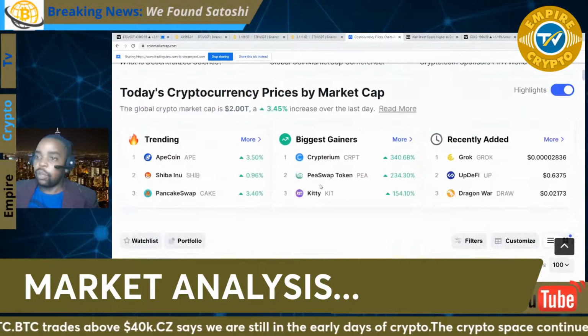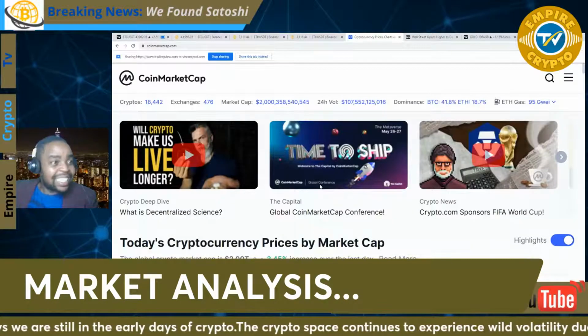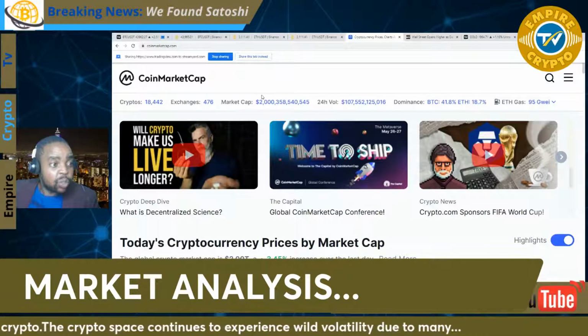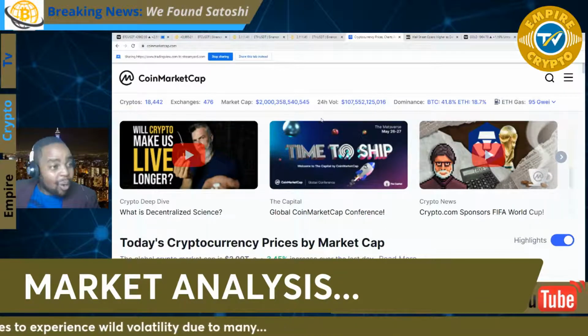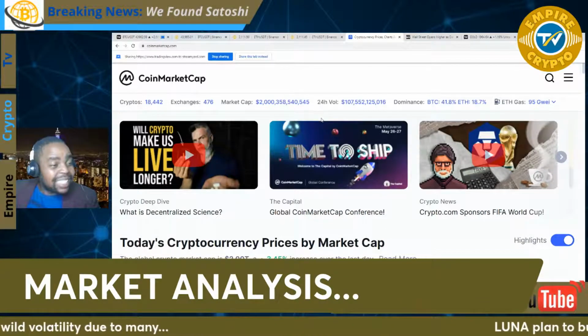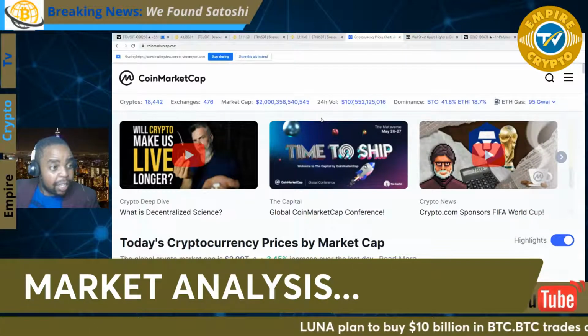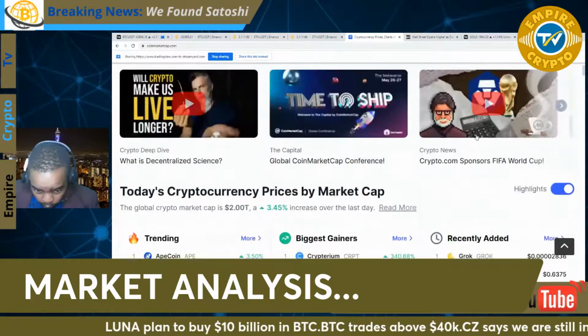But do you know what the market cap for gold is? It's $8 trillion. Here you have 2 trillion with Bitcoin. With gold, it's 7 or 8 trillion, I'm not too sure. Quite a remarkable market cap right there.